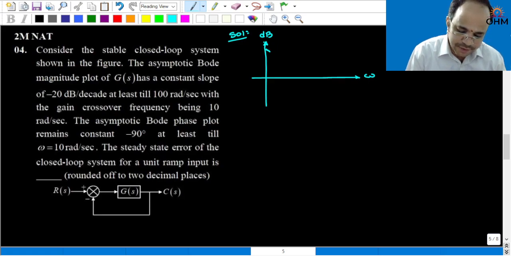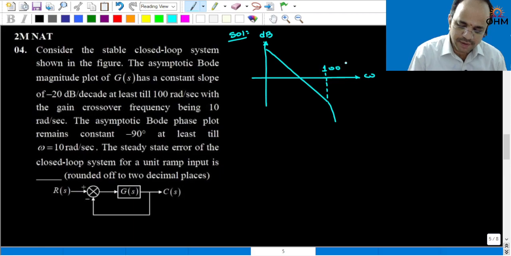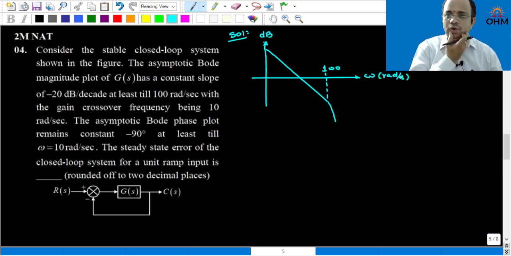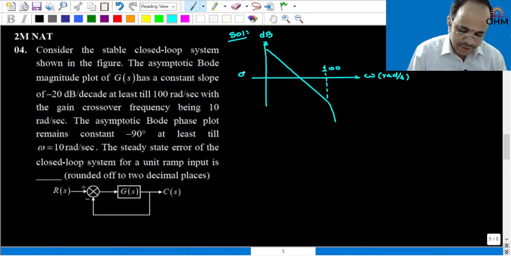So initially the slope is minus 20 dB per decade. After that we don't know what the slope is. It is also mentioned that the gain crossover frequency is 10 radian per second. What do you mean by gain crossover frequency? The frequency where the magnitude plot is crossing the 0 dB line. So that is given as 10 radian per second.